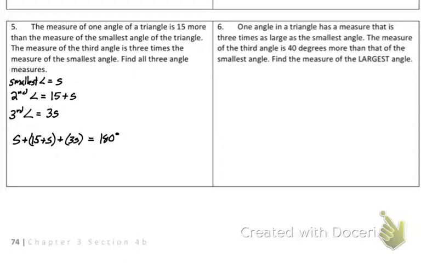Then it's just simplifying. All right, we have 3S, 4S, 5S on one side. That's going to equal, I'm going to subtract the 15 from both sides, so we have 165. And then S is going to equal 33 degrees.